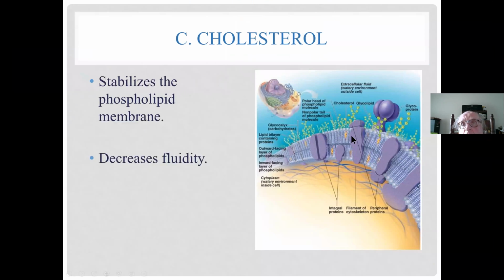We also have cholesterol. These yellow things right in here, they are cholesterol molecules. They stabilize the phospholipid membrane, so they stabilize the membrane and decrease fluidity, okay?